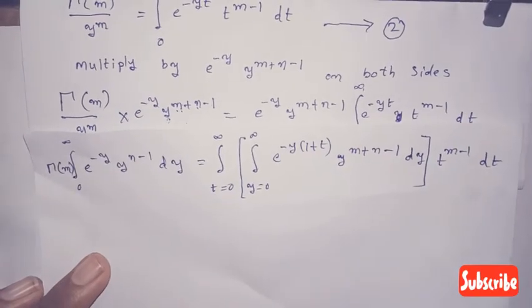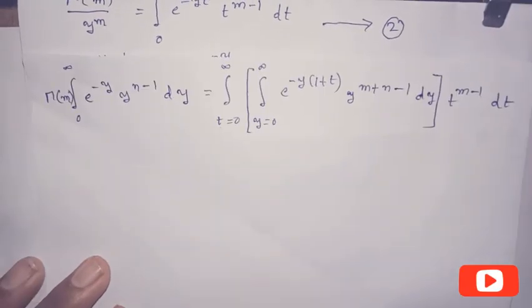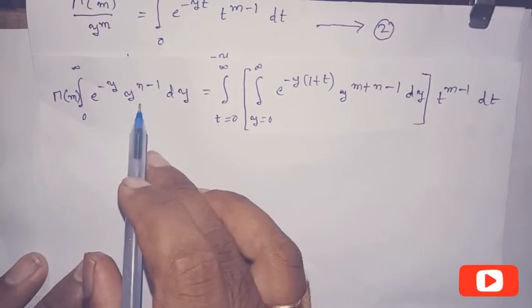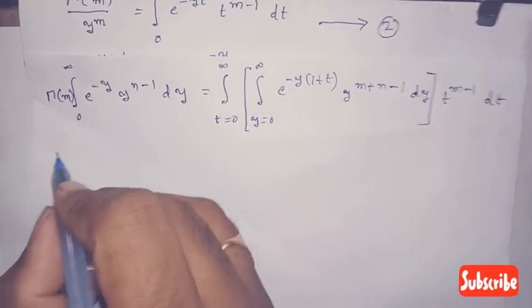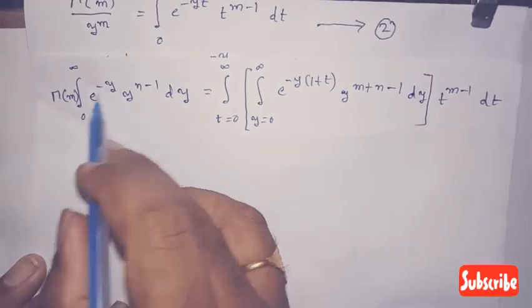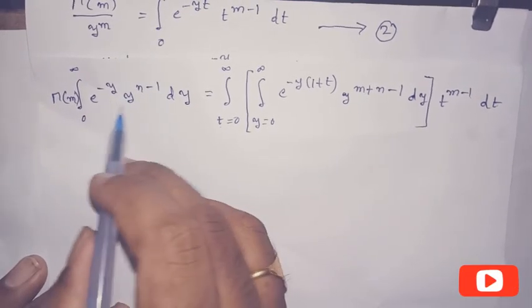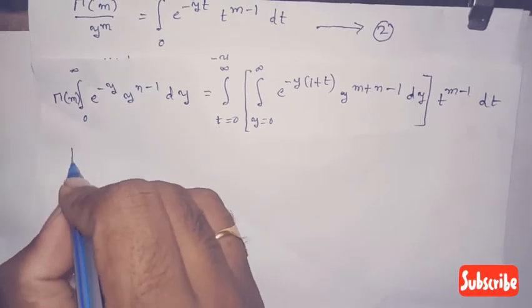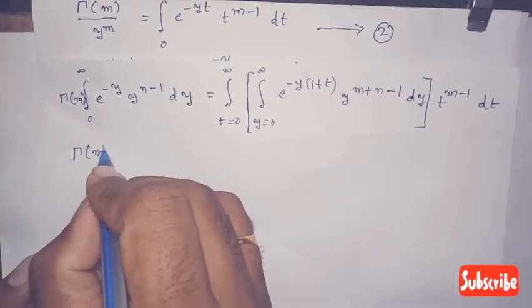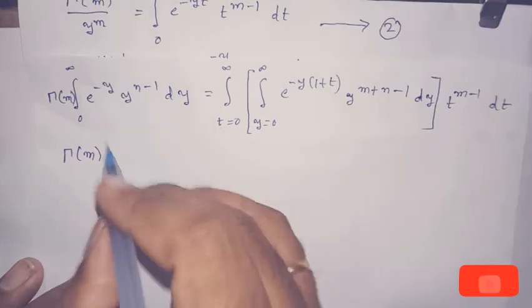It is clearly a beta function. Therefore by definition of the gamma function, it can be written as gamma of m into gamma of n.